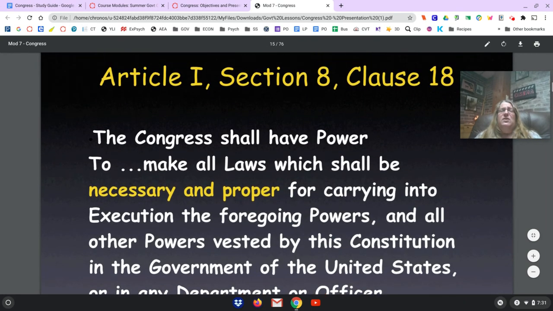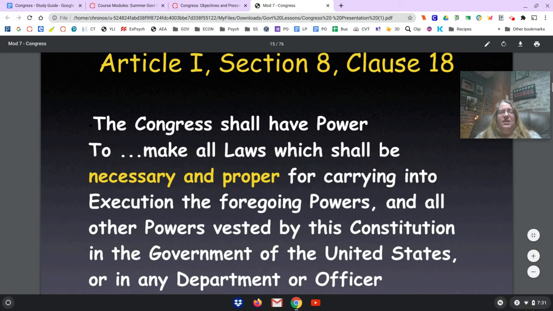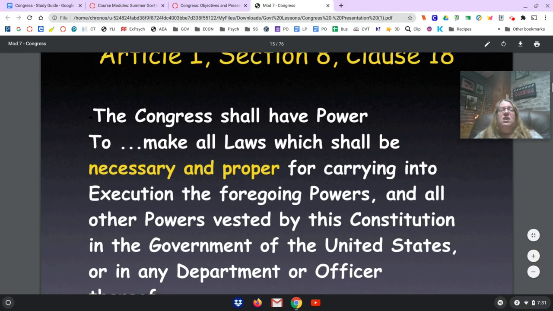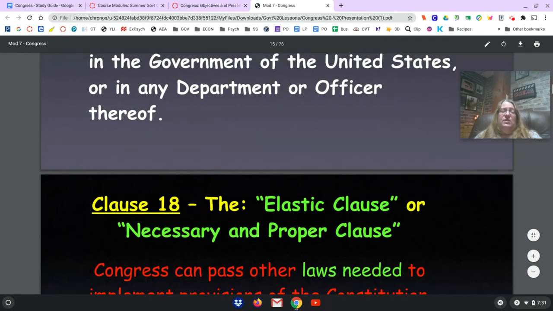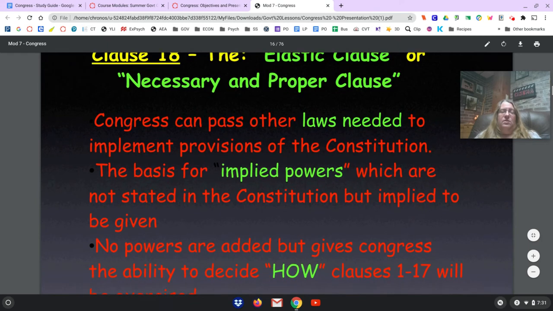If you've never seen Article 1, Section 8, Clause 18, I'd like to call that to your attention here. The Congress shall have power to make all laws which shall be necessary and proper for carrying into execution the foregoing powers, those powers listed in Article 1, Section 8, Clauses 1 through 17. And so that's where we get those implied powers.